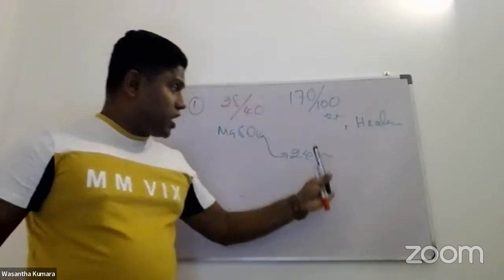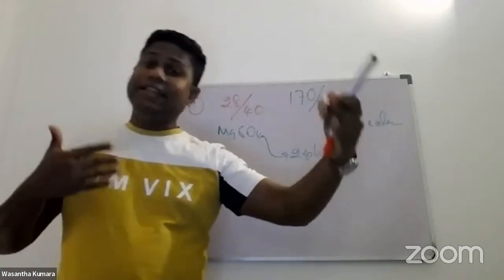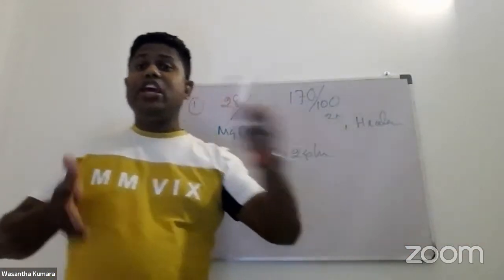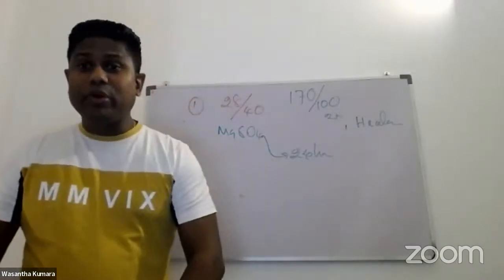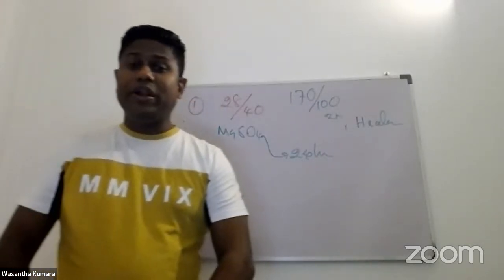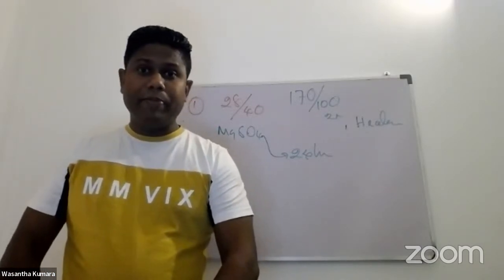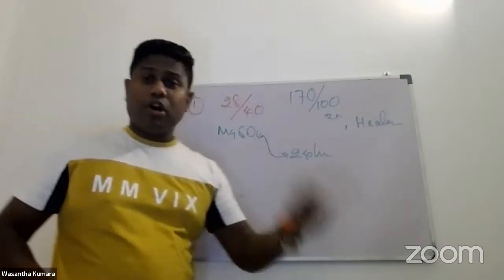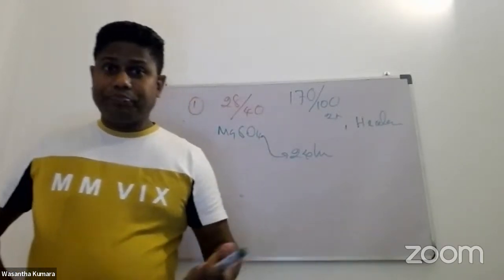So when you start sulfate, you have to deliver within 24 hours. During the delivery, whether cesarean or normal delivery, you have to continue sulfate. After delivery also, you have to continue sulfate at least for 24 hours. Okay, remember.